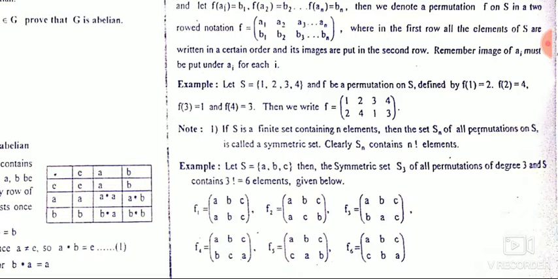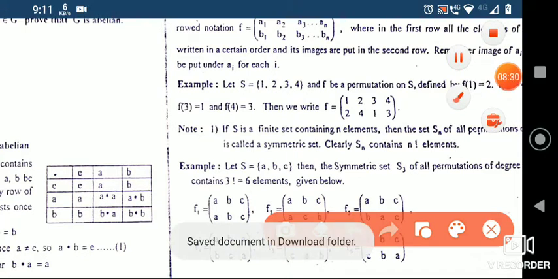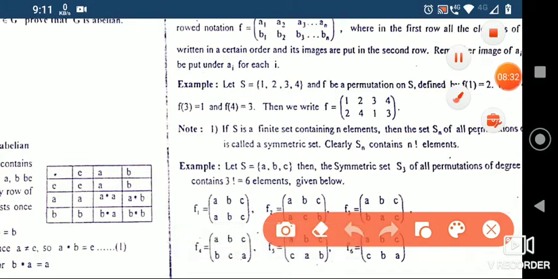So 1 goes to 2, 2 goes to 4, 3 goes to 1, and 4 goes to 3. So how many types of things can we do? That's given by n factorial. N factorial elements will be there. So now if we have 4 elements here, we can have a total of 4 into 3 into 2, that is 24 types of combinations.